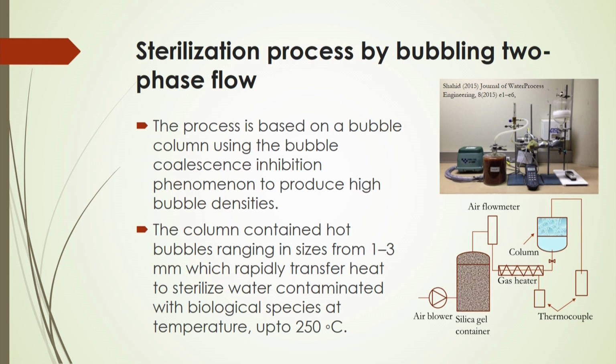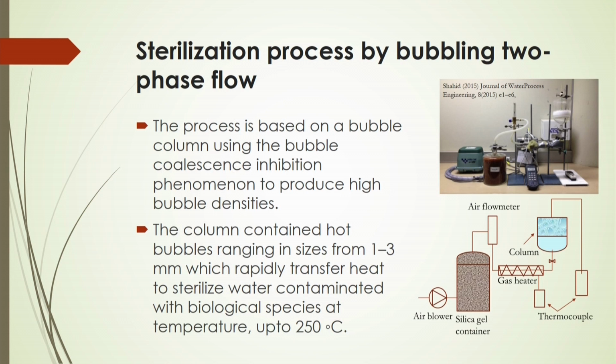Let us consider another application of bubbling two phase flow: the sterilization process. This process is generally based on a bubble column using the bubble coalescence inhibition phenomenon to produce high bubble densities.